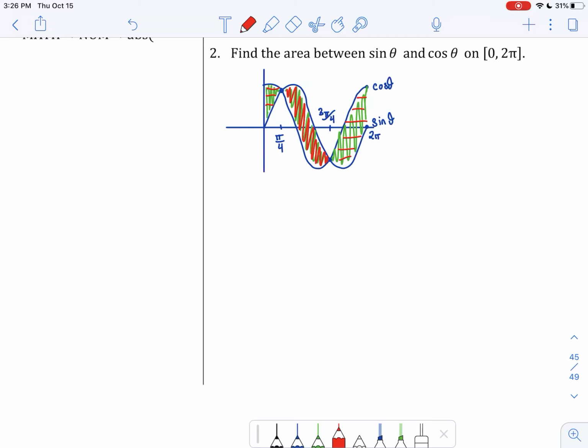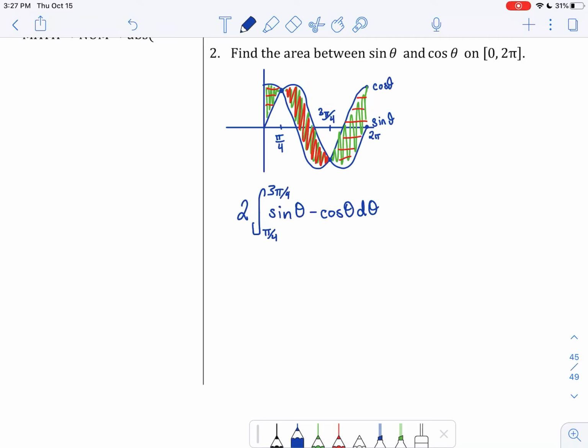So instead of trying to write three separate integrals, one from 0 to pi over 4, one from pi over 4 to 3 pi over 4, and one from 3 pi over 4 to 2 pi, which is what you would have to do by hand if you have intersection points in a range and aren't allowed to use your calculator in absolute value, in this case I would just as easily say, well, this is 2 times the integral from pi over 4 to 3 pi over 4, and in this case, sine is the upper bound minus cosine, the lower bound, d theta, and that's going to equal the entire area from 0 to 2 pi.